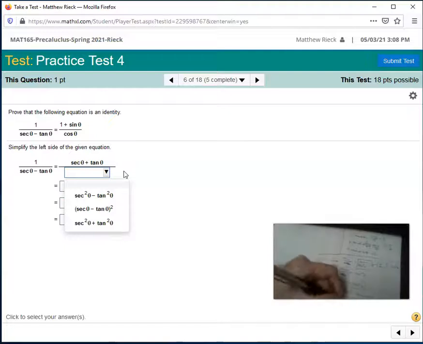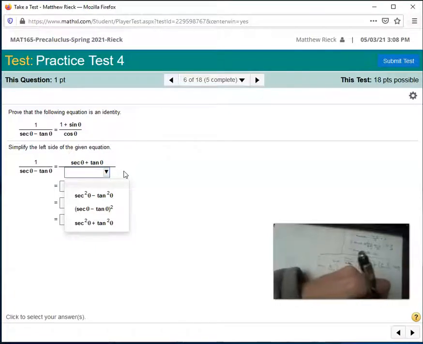So when I take secant of theta minus tangent of theta and multiply that times secant of theta plus tangent of theta, I'm going to end up with the difference of squares. That's going to be secant squared minus tangent squared, I believe.